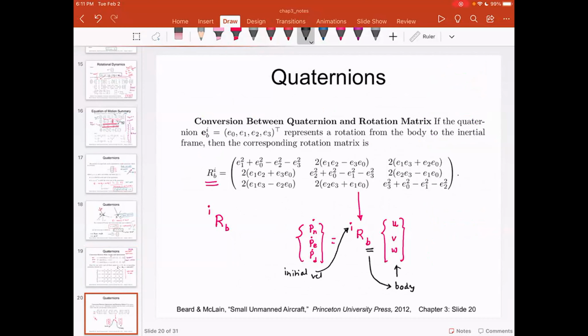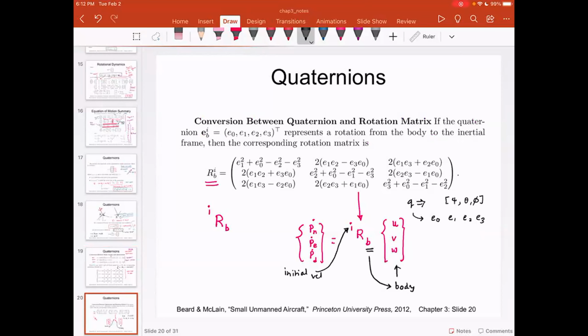This rotation matrix is now expressed in terms of the quaternion. And please understand, I just have to clearly mention this. Say you have a quaternion. That quaternion is derived or somehow represented by some roll, pitch, and yaw angle. This quaternion has E0, E1, E2, and E3.